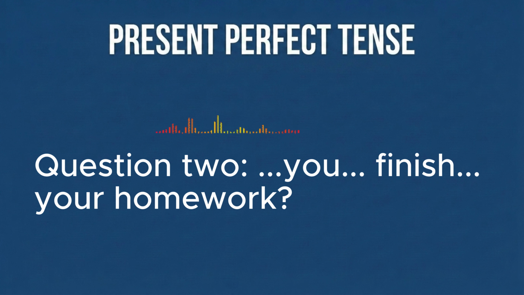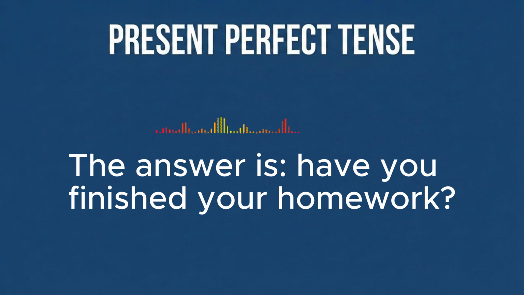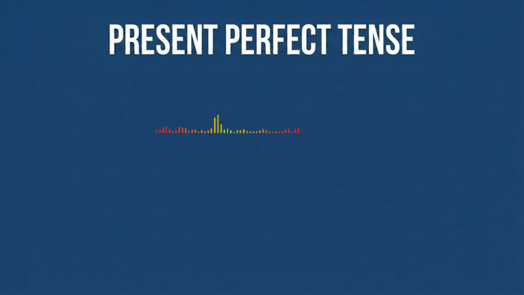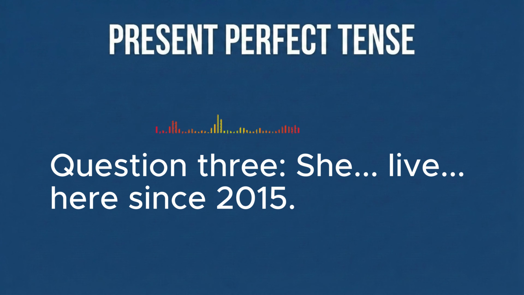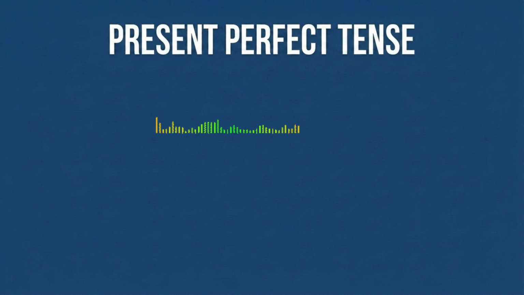Question 2. You finish your homework? The answer is, have you finished your homework? Question 3. She live here since 2015? The answer is, she has lived here since 2015.